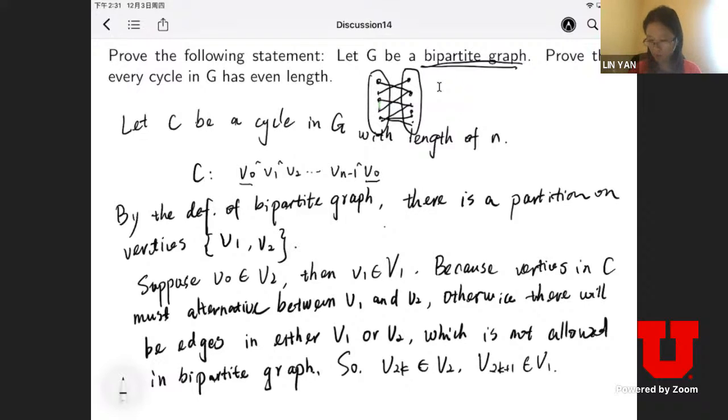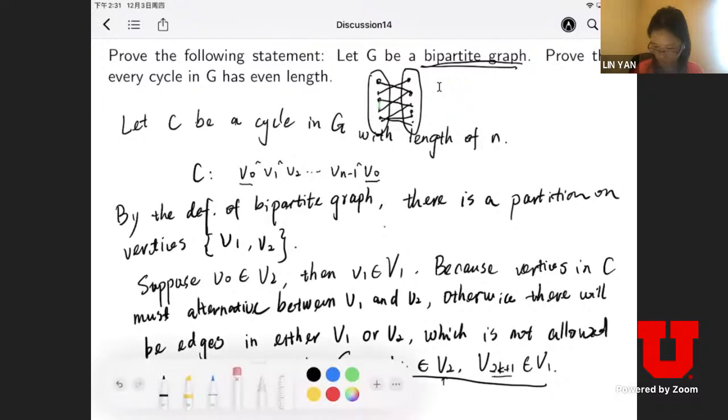Any question about this statement? In other words, the vertices with even index are in V2, and vertices with odd index are in V1.